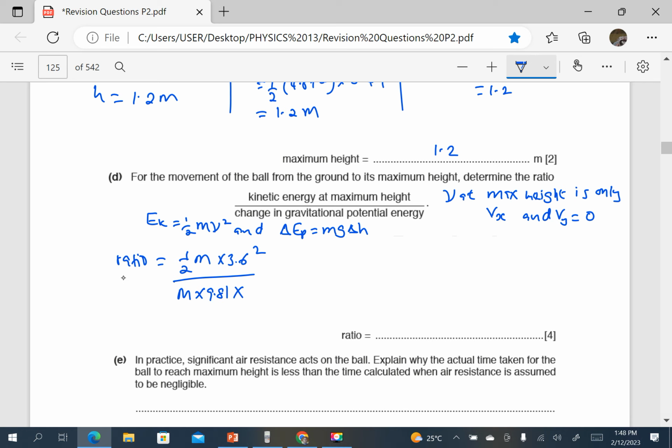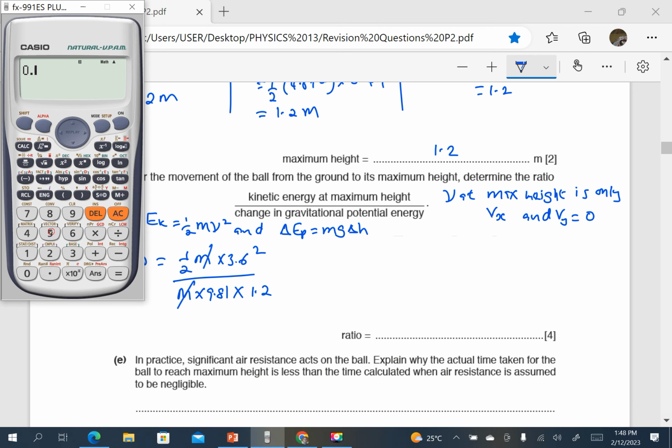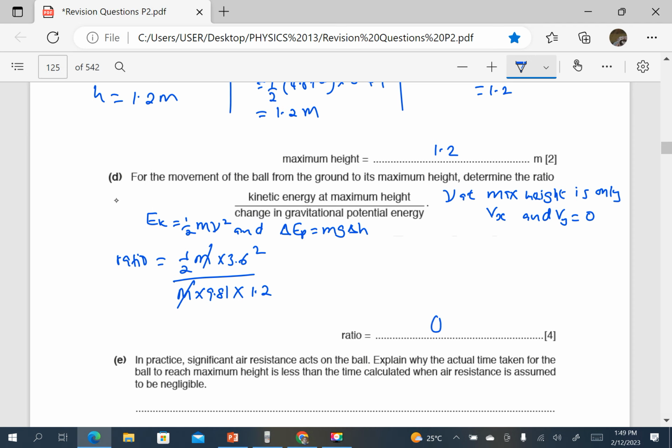The maximum height is 1.2, so that's times 1.2. So m has cancelled out. We have 0.5 times 3.6 squared divided by 9.81 times 1.2. So that is 0.55.